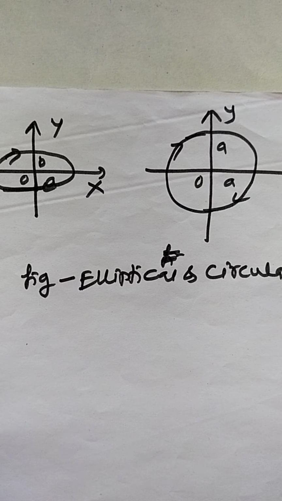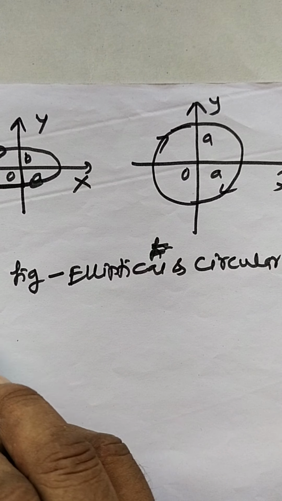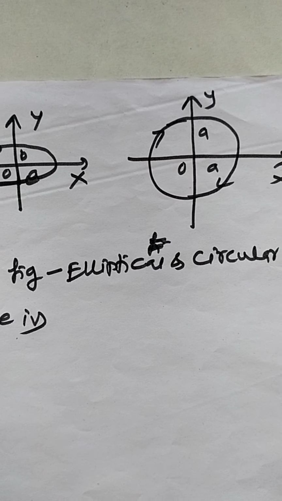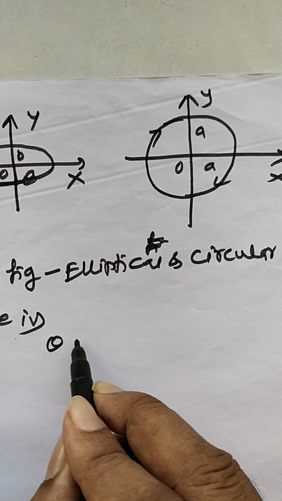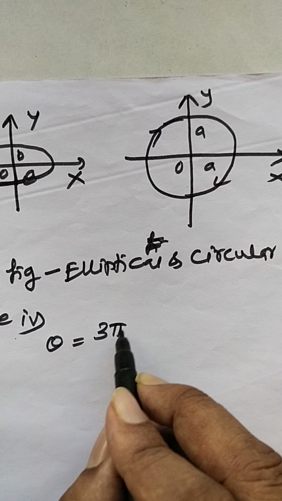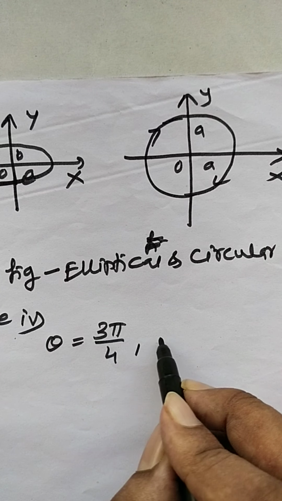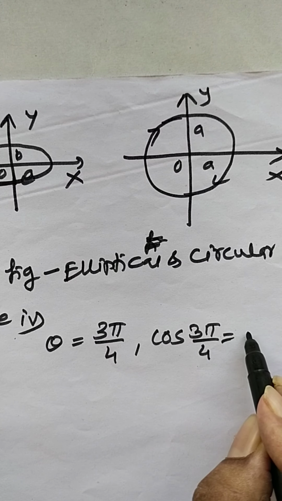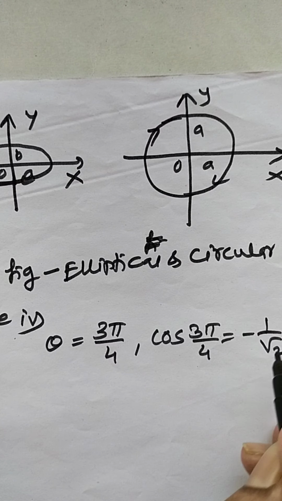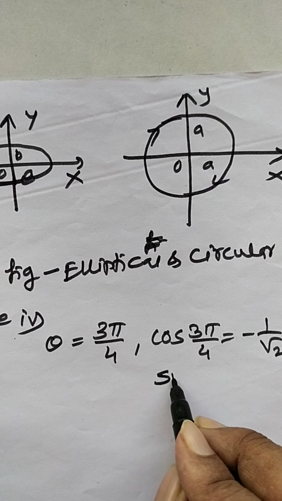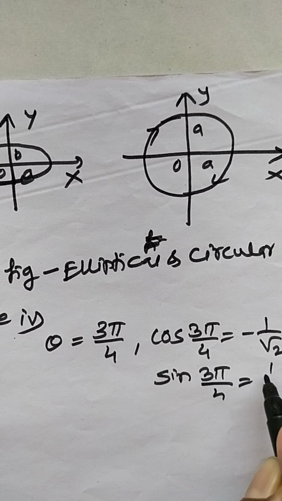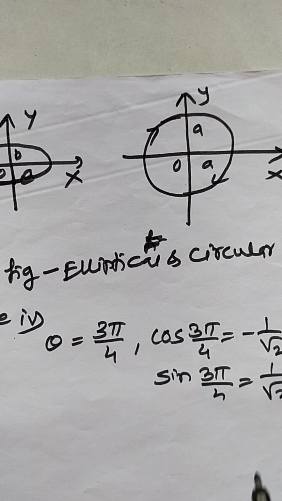So this is the case third, and now the case fourth. So in case fourth, if theta is equal to 3 pi by 4, therefore cos of 3 pi by 4 is equal to minus 1 upon root 2, and sine of 3 pi by 4 is equal to 1 upon square root of 2.